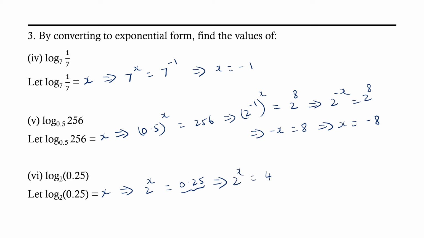We can write it as 4 raised to minus 1, or again 4 raised to minus 1, it is 2 square the whole raised to minus 1, or this is 2 raised to minus 2. So 2 raised to x is equal to 2 raised to minus 2. From this we get x is equal to minus 2. So this is how we can find the values by converting to exponential form.